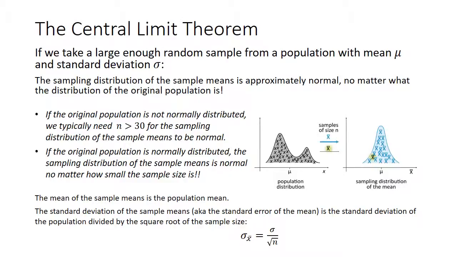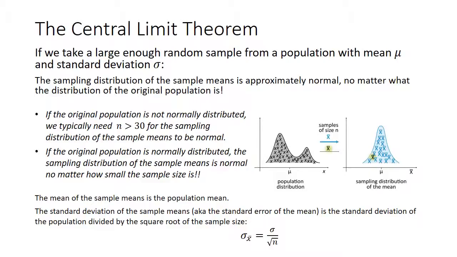So no matter what our population looks like, if we create a graph that is a smoothed out histogram of the average values for a sample, that graph will be normal, assuming that we have a large enough sample. If the original population is not normally distributed, then we need a sample that's about 30 or above in order for the sampling distribution of the sample means to be normal.